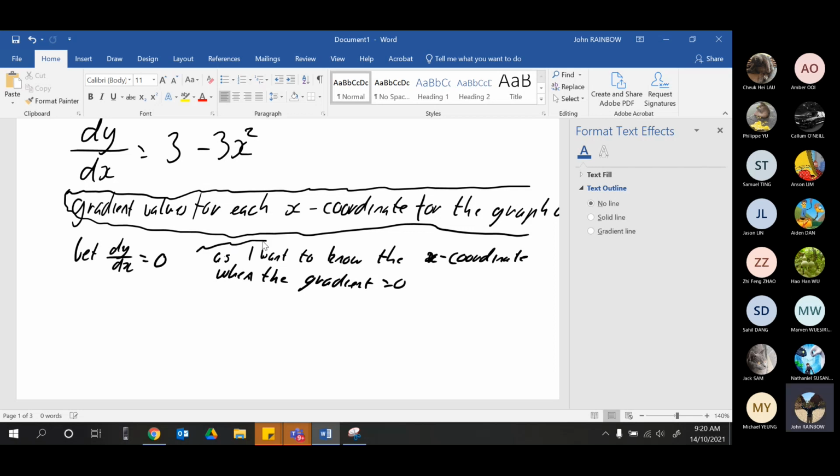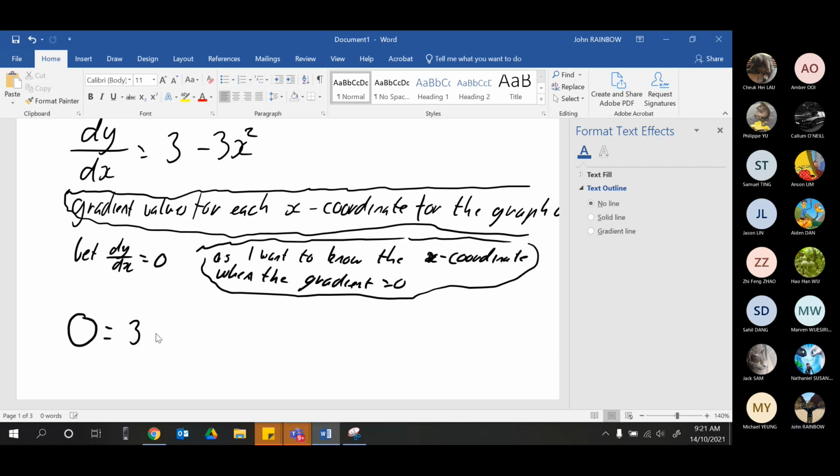So that's why I'm letting it equal 0, okay, for this section. I let it equal 0 because I want to know the x-coordinate when the gradient is 0. So I let dy equal 0. So I'm saying, hey, if the gradient equals 0, where does that occur?